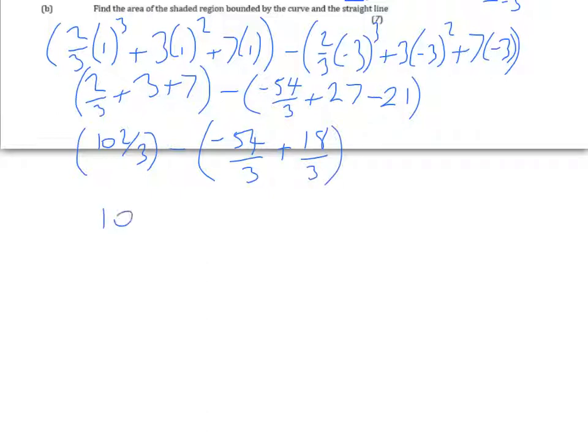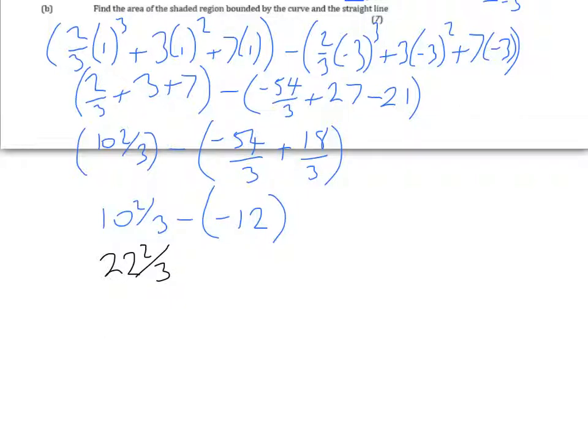So I've got 10 and 2/3 minus 36 over 3, which is 12. So minus 12, I think. Okay, and so we've now got 22 and 2/3. So this area is 22 and 2/3.